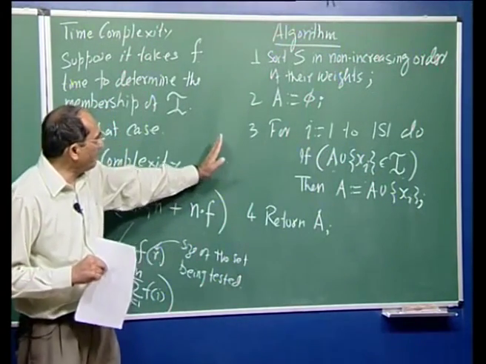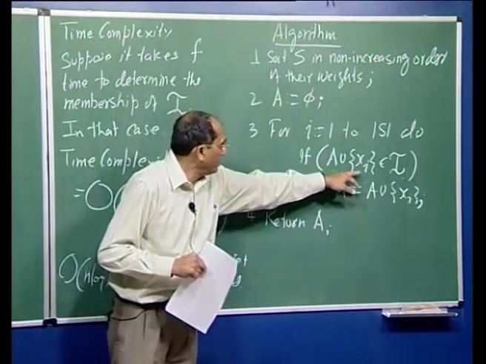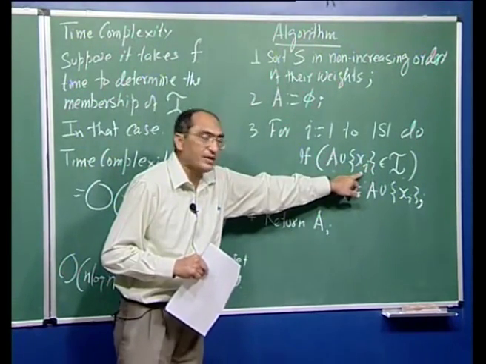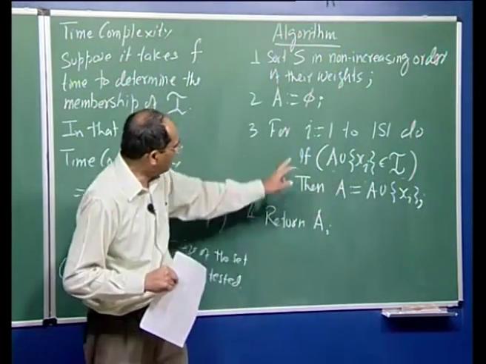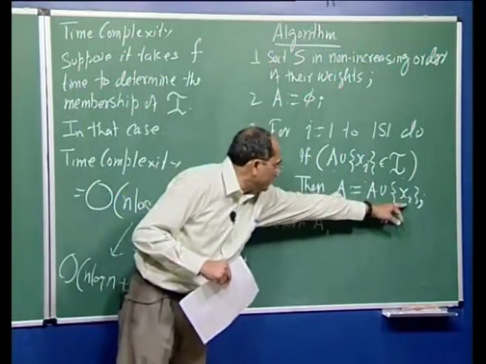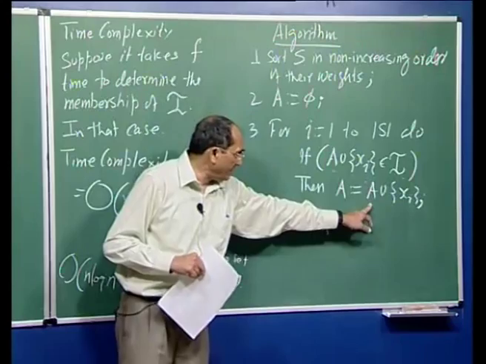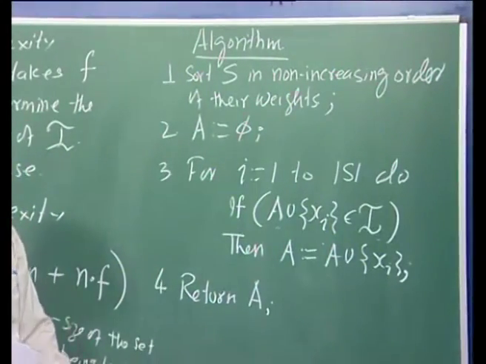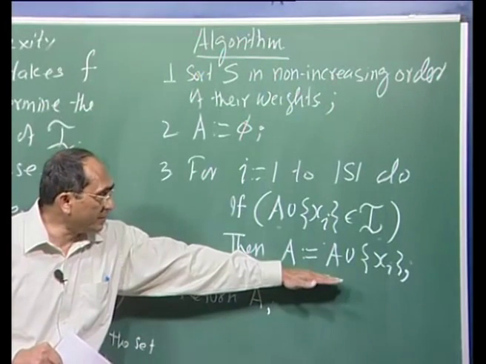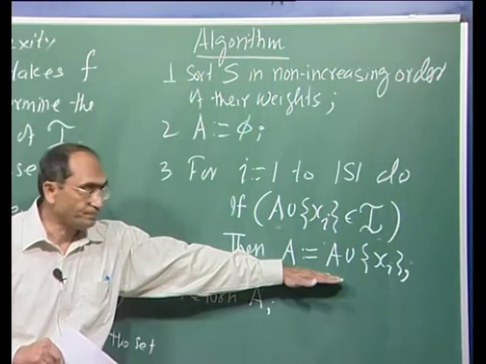Every time we make a decision about whether xi must be in the final set or not, we do one test and then finally put this back into the set A, and we never go back on it. So the decision is made then and there.